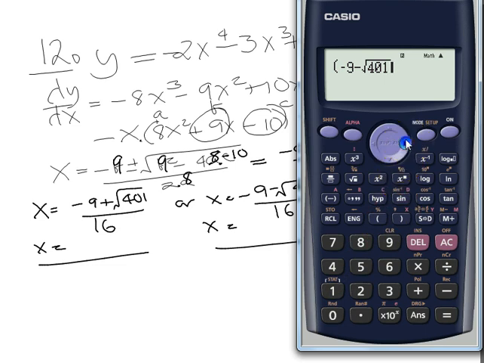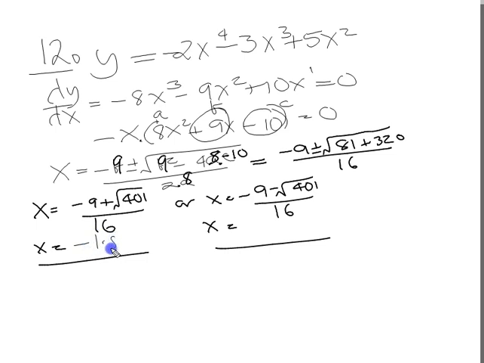And then come outside the square root and close the bracket, and then divide by 16. Press equals. Get the decimal: minus 1.81. Yeah?